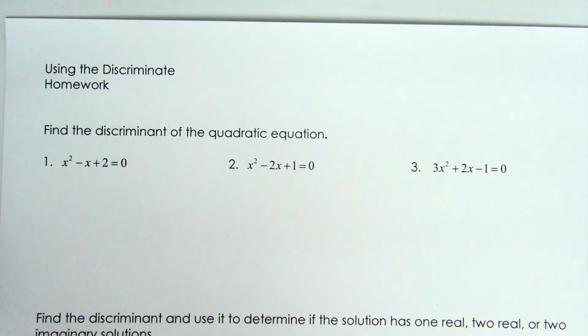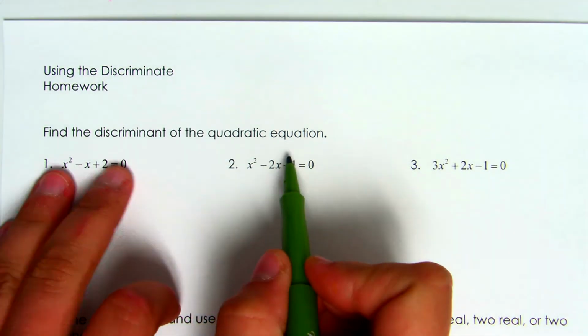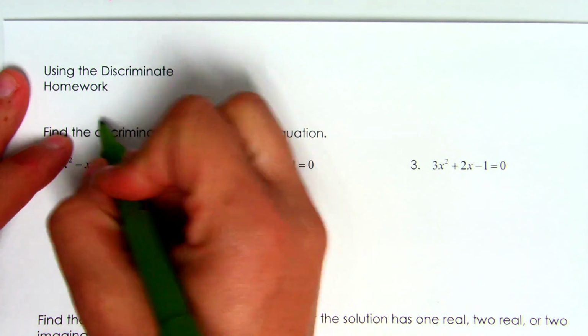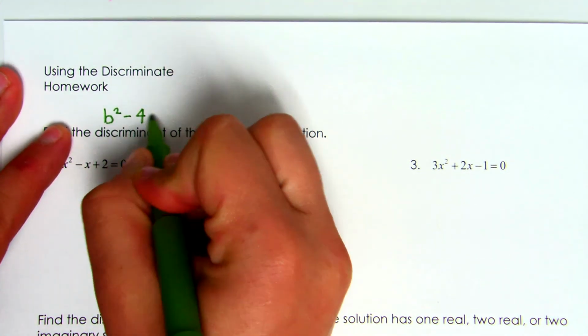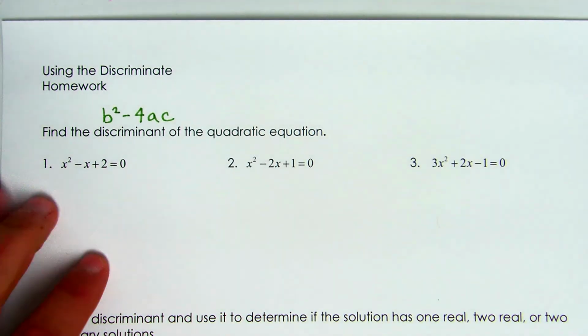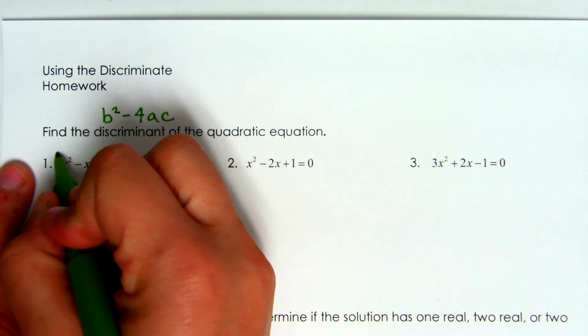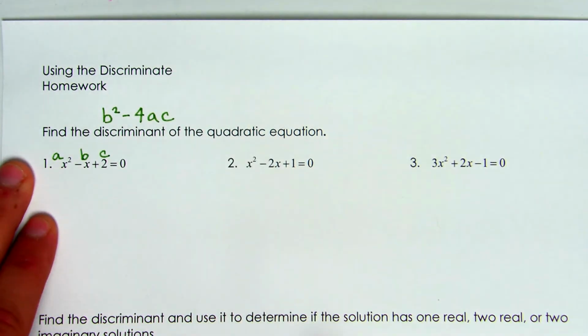Alright, using the discriminant homework, if you remember, to find the discriminant of a quadratic equation, we're using the portion of the quadratic formula under the square root, which is b squared minus 4ac. Alright, so I make sure my equation is set equal to 0. I have a, b, and c.